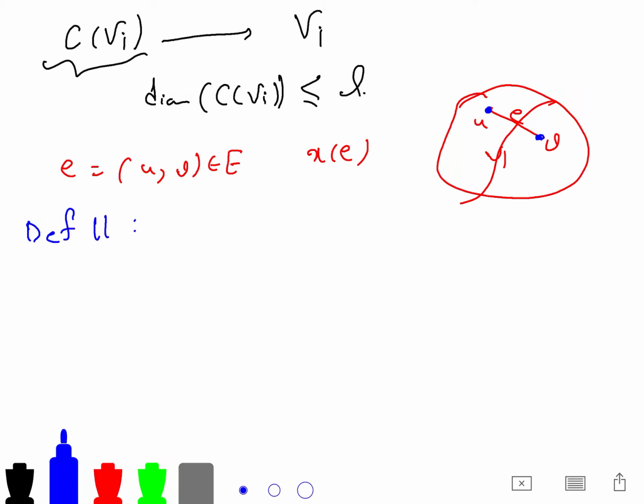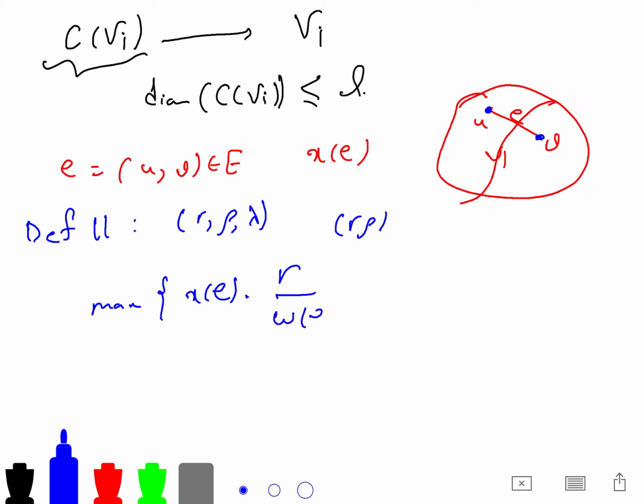Definition 11 says that an (R, rho, lambda) probabilistic partition of G is a probability distribution over a set of R-rho partitions of G such that the maximum over edges of the probability times R divided by the weight of that edge is less than or equal to lambda.